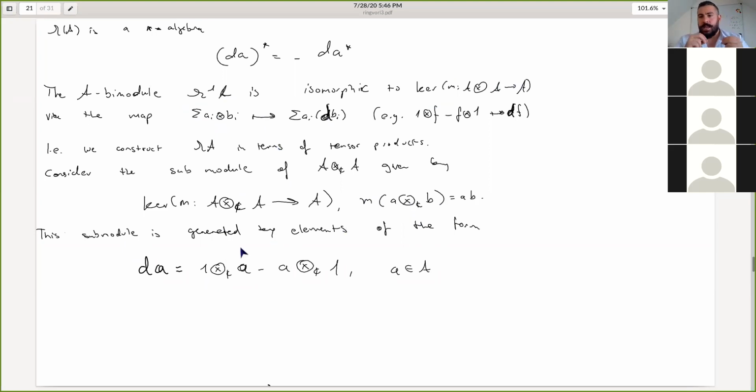And you can represent the operator D as a tensor product, given as 1 tensor A, where the tensor product is over C, minus A tensor 1. So it's not just an abstract thing, but you can really relate it to something that you can use.